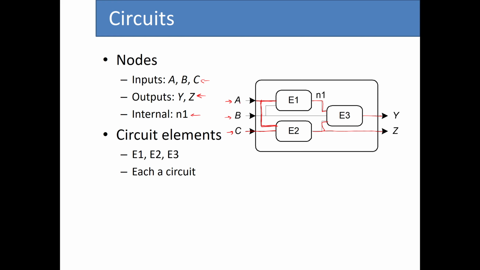Based on this, we have three input nodes, two output nodes, and there is one single wire that we didn't account for using inputs and outputs, which is this wire that connects the output of E1 to the input of E3, and that is the internal node.